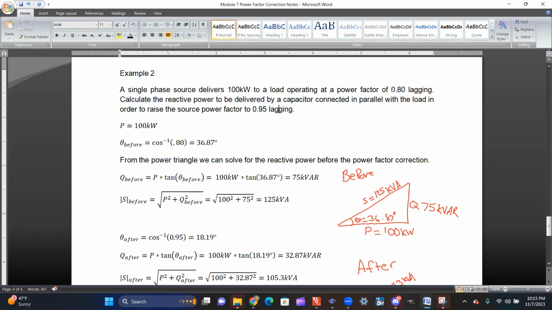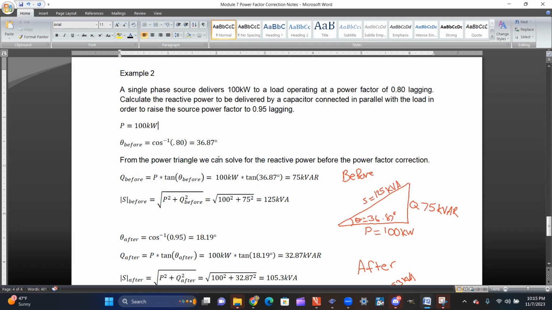So we want to raise it from 0.8 to 0.95. We start off by writing what we know. We know that the source is delivering 100 kilowatts, so P equals 100 kilowatts.